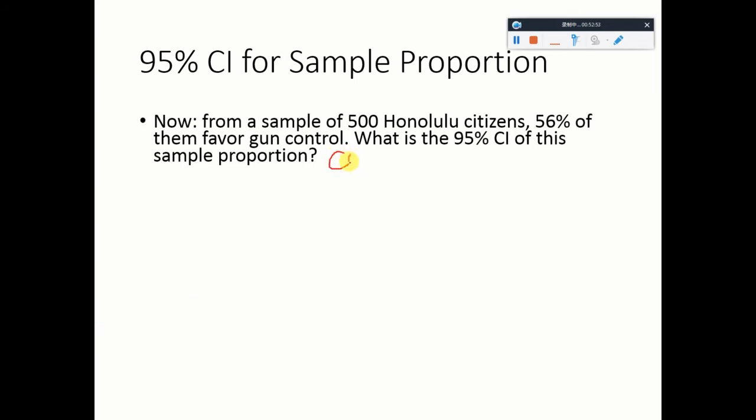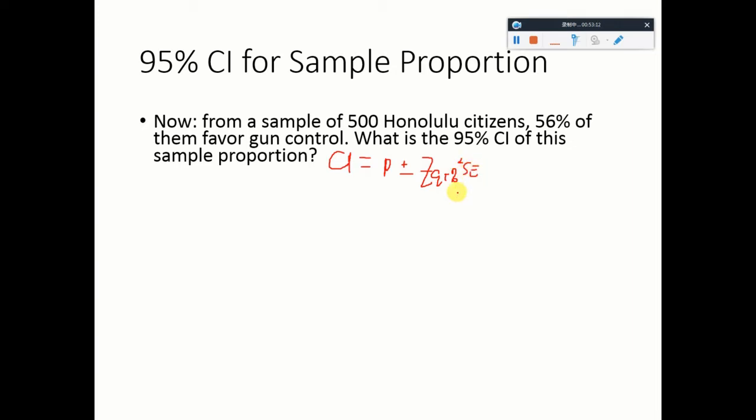So CI will be equal to the point estimation for proportion plus or minus the z value for 95% confidence interval times its standard deviation, standard error.